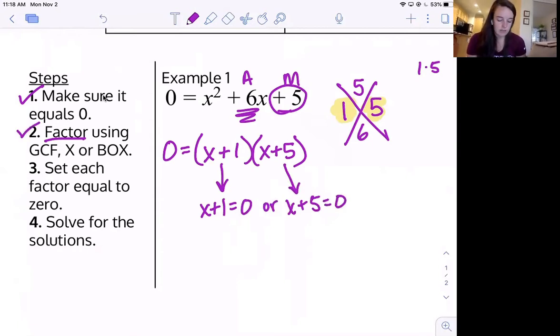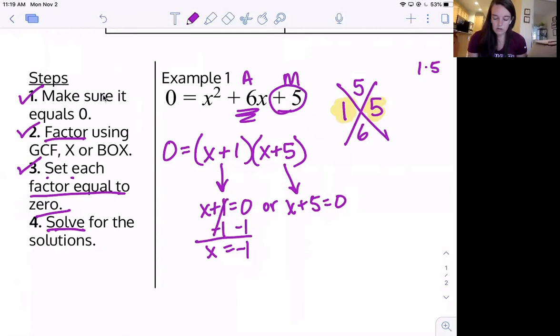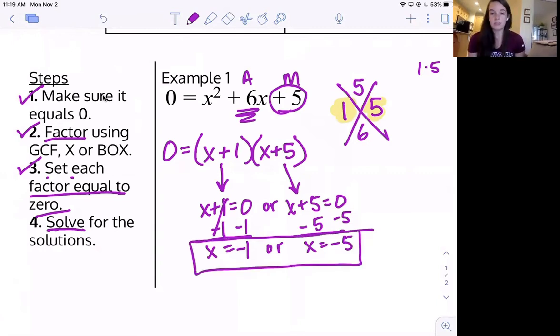So I factored, and I'm setting each factor equal to 0. Then step 4 is to solve for the solution. I subtract 1 on both sides, x equals -1, or x equals -5. So I have my 2 solutions here, which is great because I have x squared.